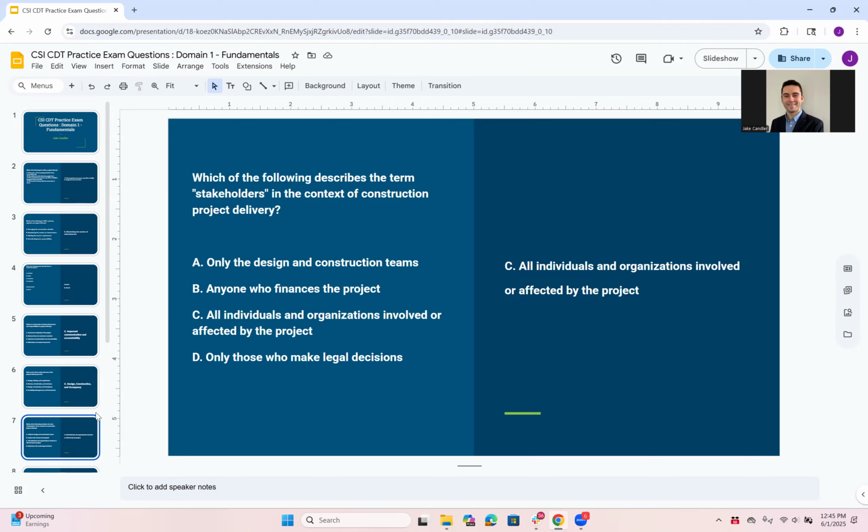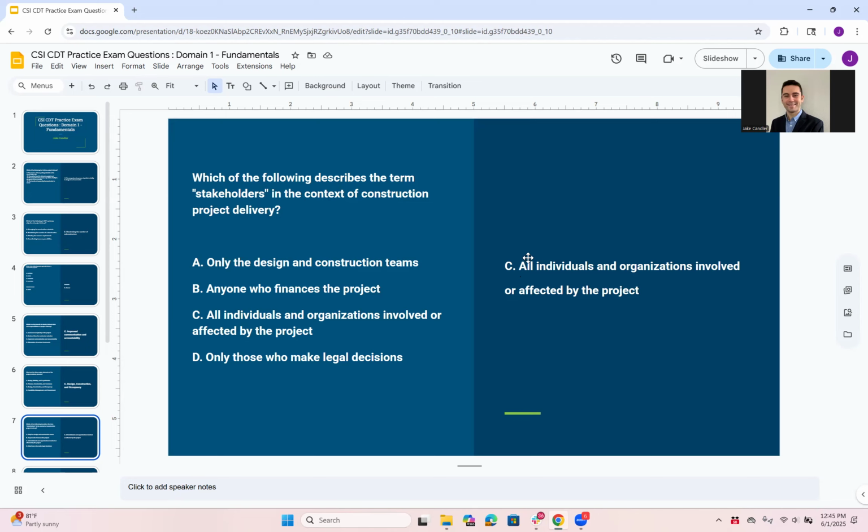Next question, which of the following describes the term stakeholders in the context of project delivery? So typically this would be all individuals and organizations involved or affected by the project. So you'll have a group of stakeholders. Usually this could be the owner.